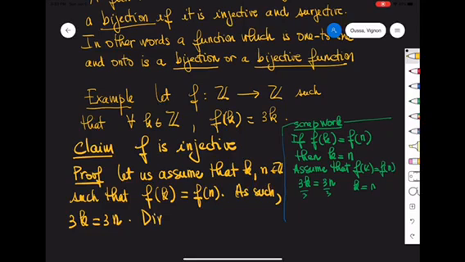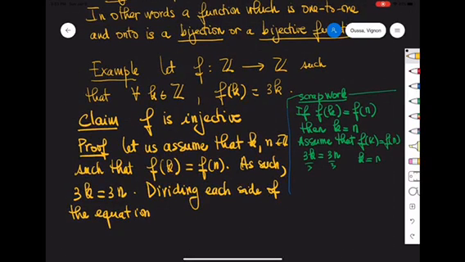Now, dividing each side of the equation 3k equals 3n by 3 yields that k must be equal to n.